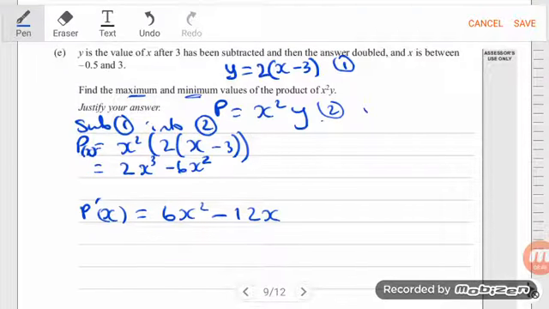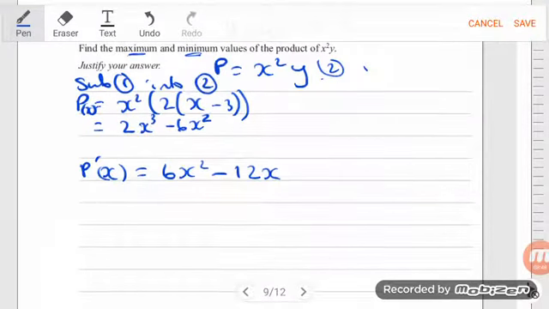So it's a positive cubic. At maximum and minimum points, the gradient is always 0. And this is the gradient here. So 6x squared minus 12x. So this is a quadratic.